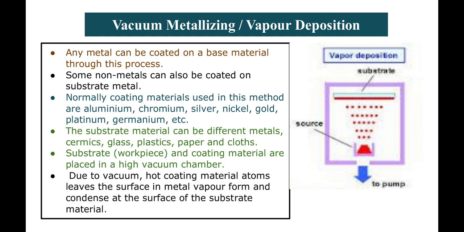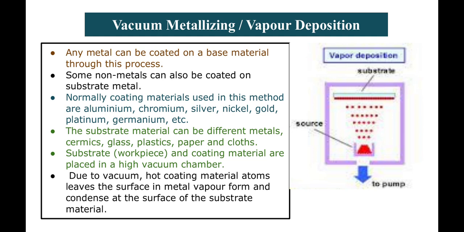This process is very effective for depositing a thin metal film or a film of a metal compound on a substrate base. Normally, coating metals used in this method are aluminum, chromium, silver, nickel, gold, platinum, germanium. The substrate metal can be different metals, ceramics, glass, plastic, paper, and cloth also.